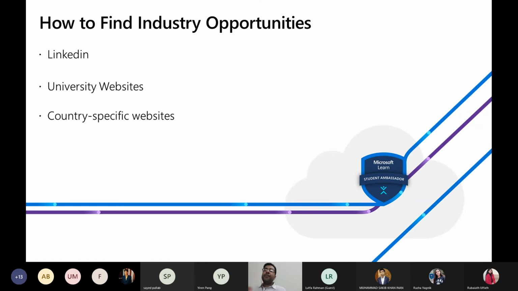Even if you are working as a volunteer in a research project, try to make sure that your name is on the contract. Don't just volunteer.